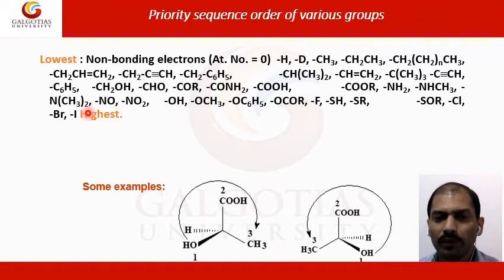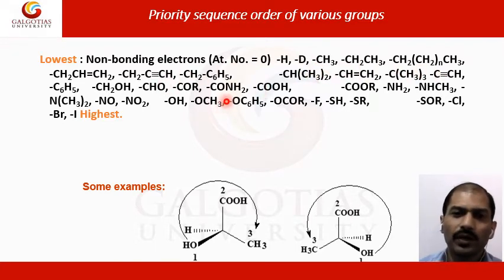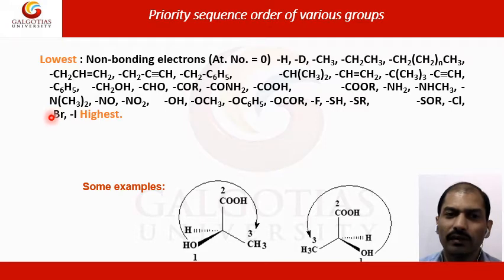Before going to that, we have to see there are a number of groups, which go from lowest priority to highest priority. You have to keep in mind that there are different atoms and groups, each having a certain priority, and according to that priority you have to put them. You can see here this has the highest atomic number, and this is comparatively less than that.